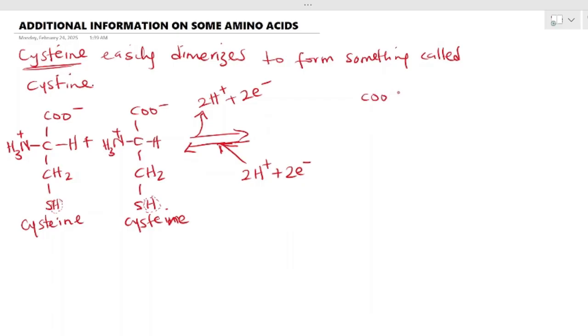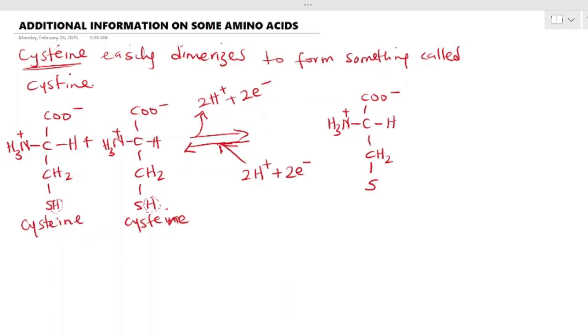So you have COO minus, CHNH3 plus, then you have your CH2, and instead of having your SH, you have S. That is for one of the molecules, where one H is given up, and you have this second molecule attached right to the second S here.